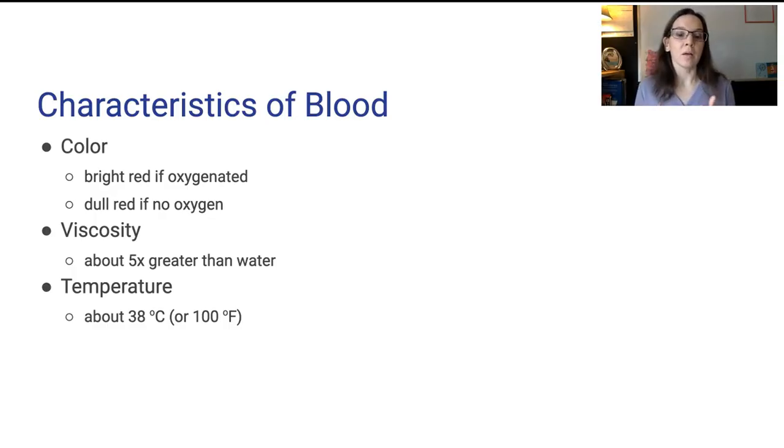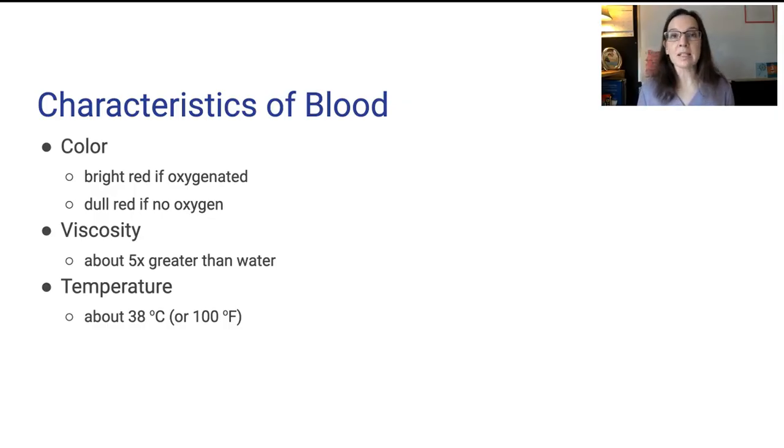So maple syrup is kind of sticky and it flows a little bit slower. Honey is even slower than that, it's thicker. Well, blood has a viscosity about 5 times greater than water. So it is a little bit thicker. And this determines how well it flows through your blood vessels.